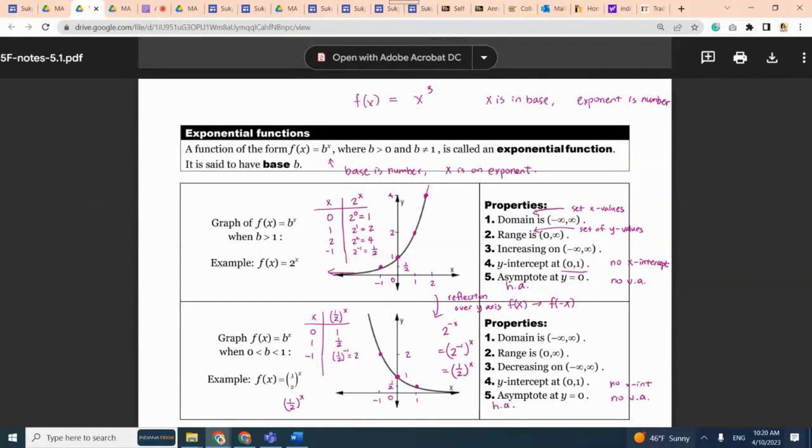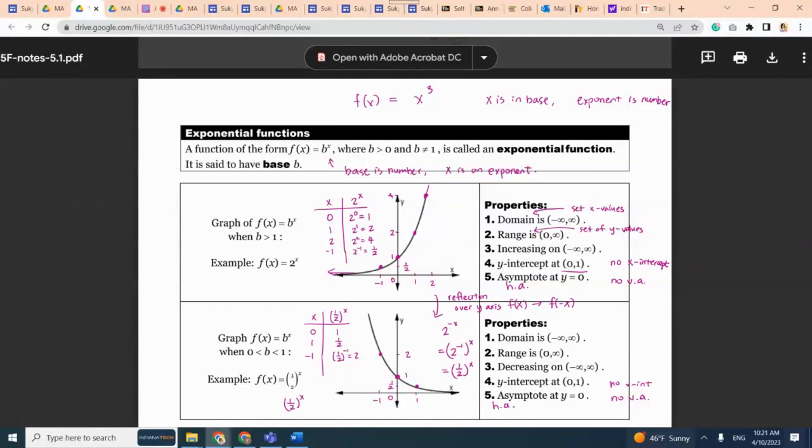Because if the base is negative, think about it. If the base is negative 1, but your x is a variable. Okay, your x is any real numbers. If you take x's 1/2, well then you will end up getting -1 to the 1/2. This is square root of -1, and this is a complex number.